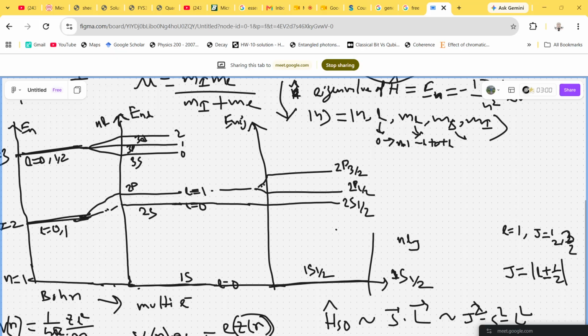Similarly, for the upper n equals to 3 level, 3s half will remain the same, but the 3p level will break into two. Now the degeneracy is lifted, so it breaks into 3p half and 3p 3 by 2. So now you break this.